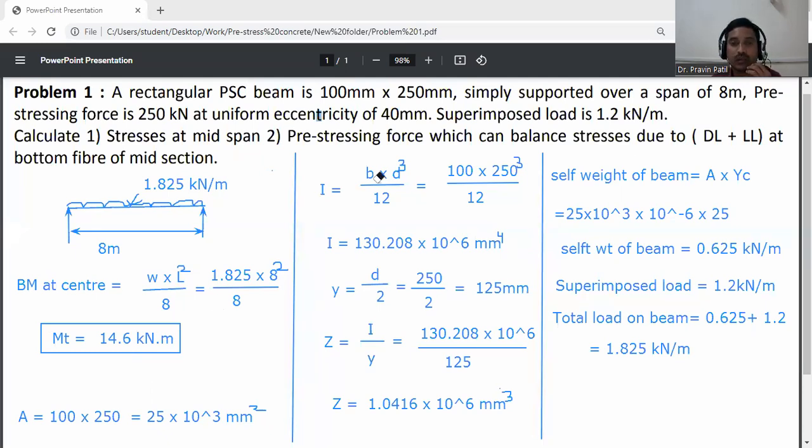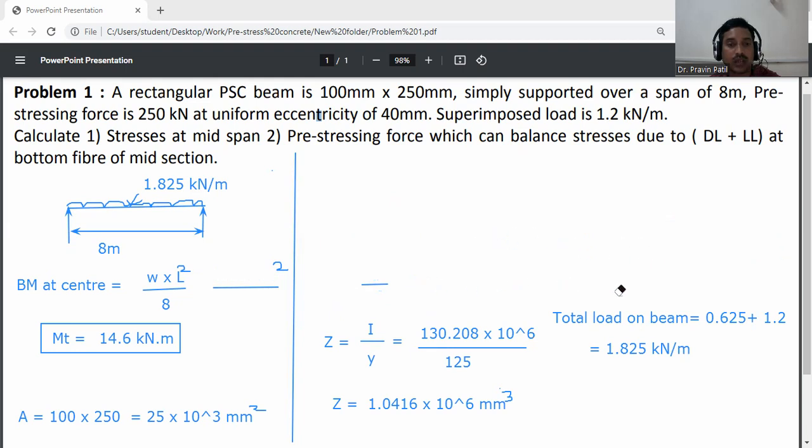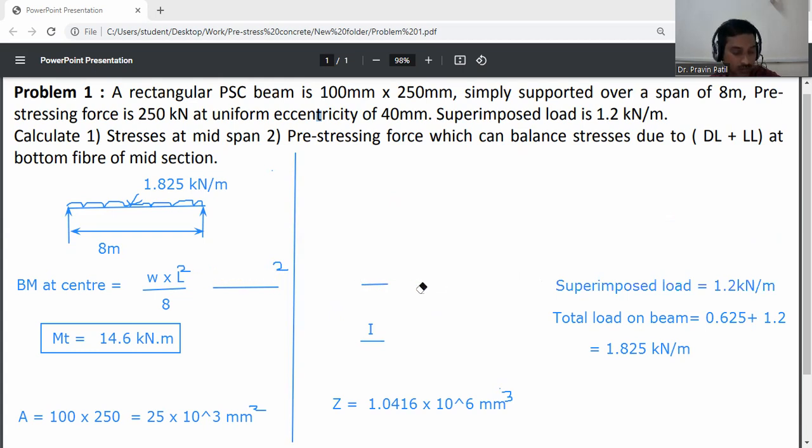Now calculate the stresses at midspan. First question. Sigma T is the stress at top.